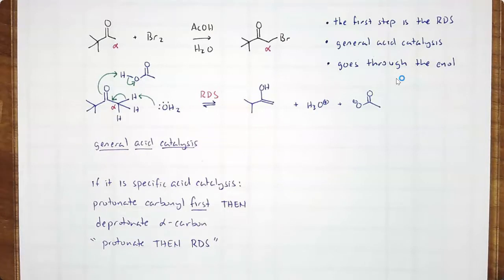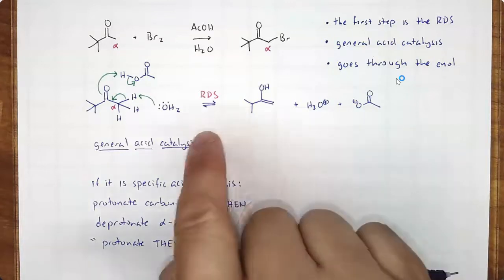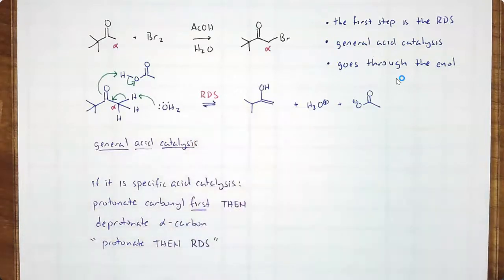The thing you want to look for is that, does the catalysis happen at the rate determining step like we have here, or does it happen pre-rate determining step? That's the main difference between specific acid or base catalysis versus general acid or base catalysis.